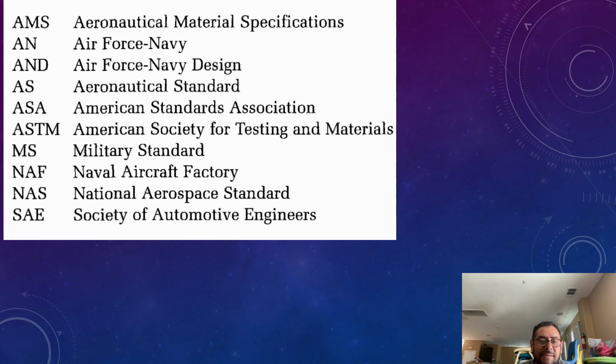So you have the AMS, Aeronautical Material Specification; the AN, Air Force Navy; the AND, which is Air Force Navy Design; the AS, Aeronautical Standard; ASA, American Standards Association; ASTM, American Society for Testing and Materials; MS is the military standard; NAF, Naval Aircraft Factory; NAS, National Aerospace Standard; and SAE, Society of Automotive Engineers. These are the most common ones used.